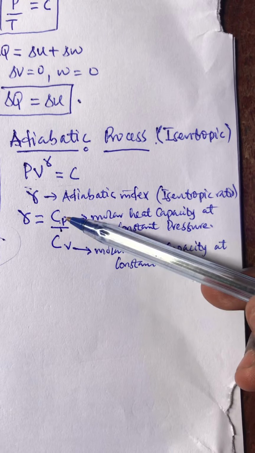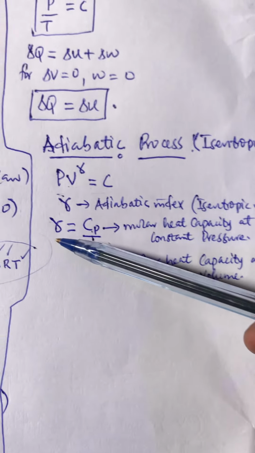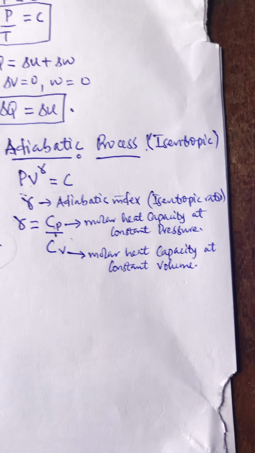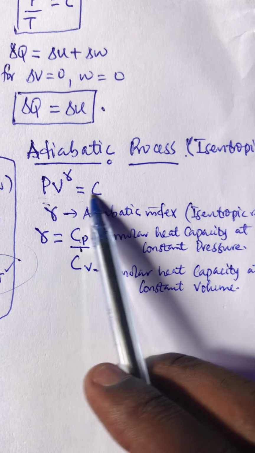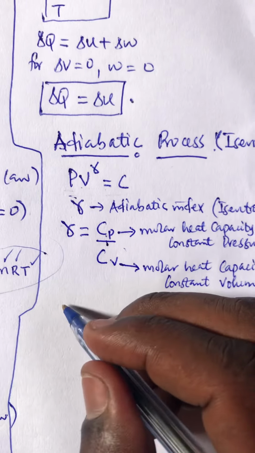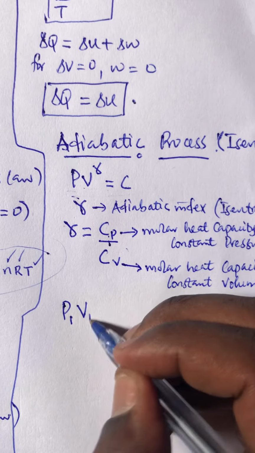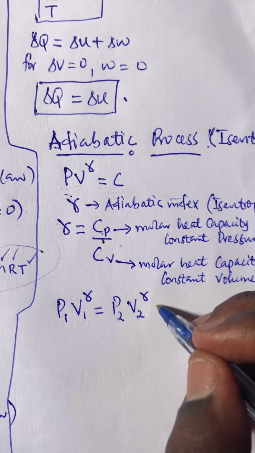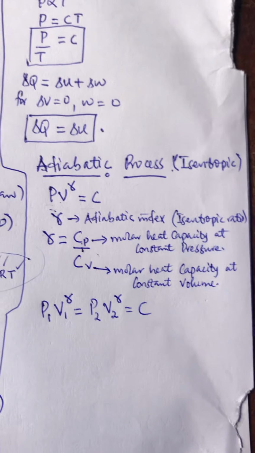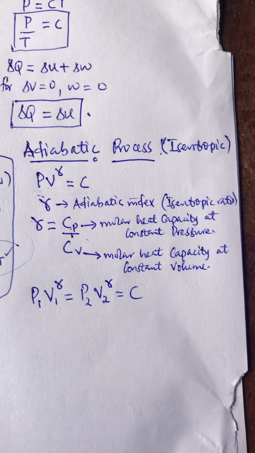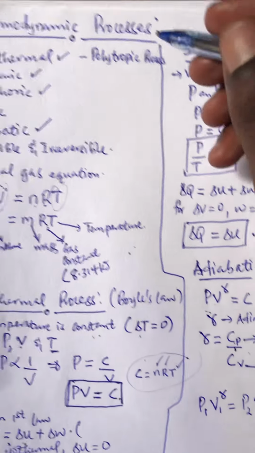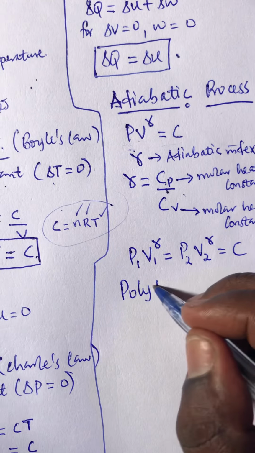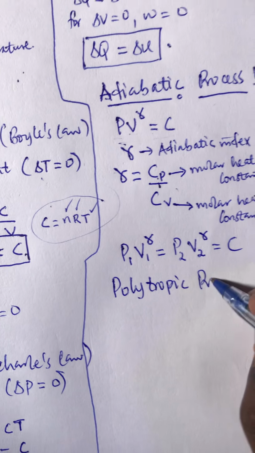So Cp over Cv, that ratio is given by gamma. Basically, that is the adiabatic process, and it must obey this. So you can say if you have pressure 1, it can be P1 V1 gamma is equal to P2 V2 gamma, which is equal to a constant, or it can be equal to P3 V3 gamma, like that. Then we can look at the polytropic process.